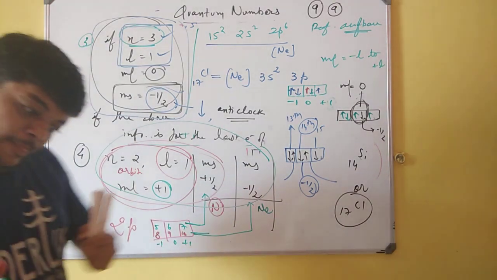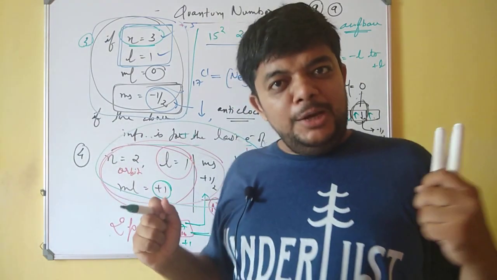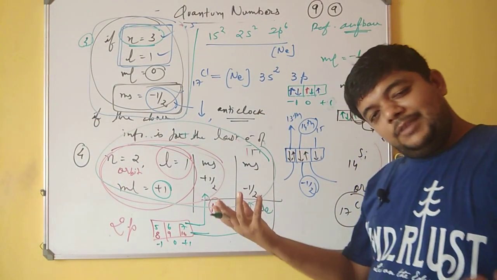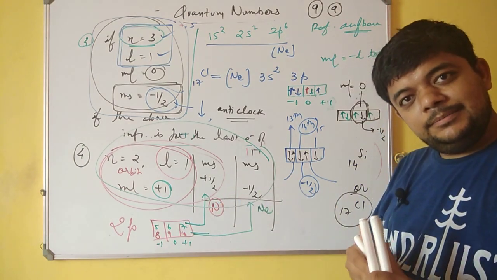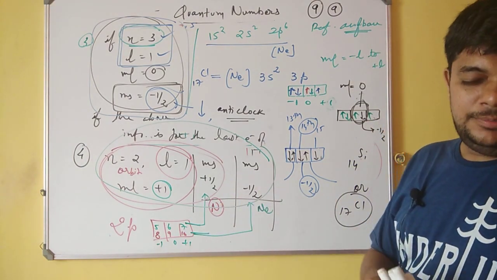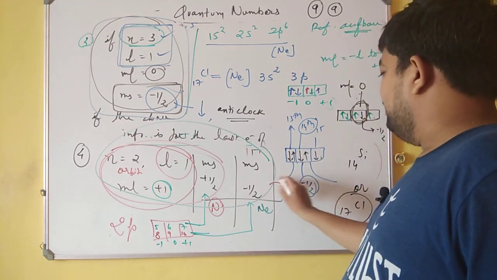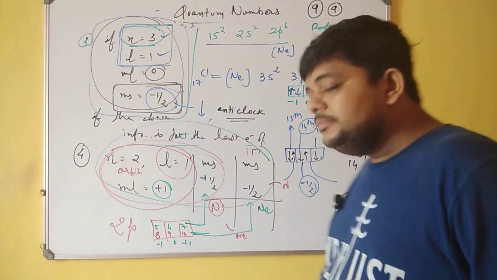But no, I want to have a fight with you, sir. Let me write -½ first and +½ next. Then no worries, write accordingly. So if you go that way, this will become nitrogen and this will become neon.